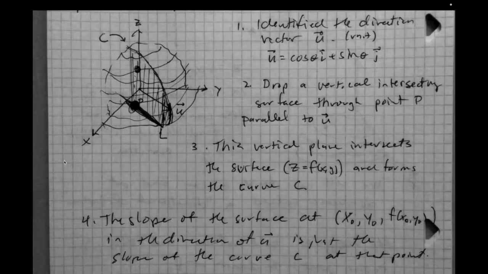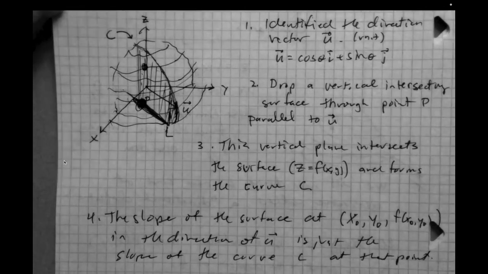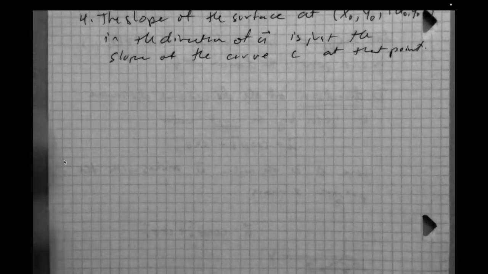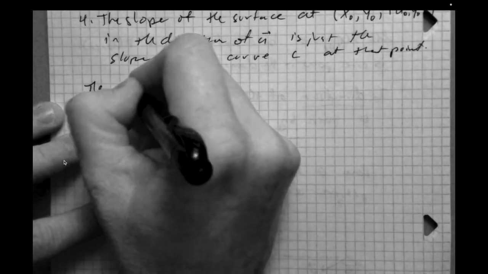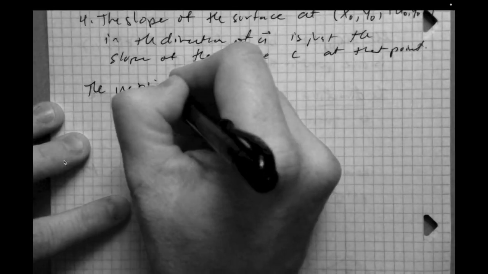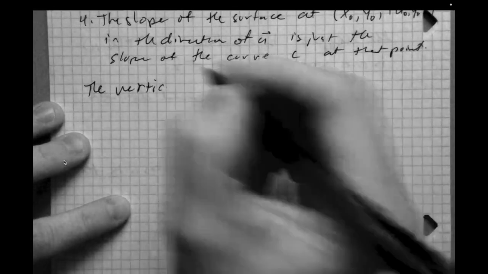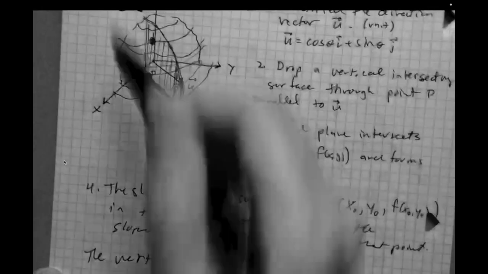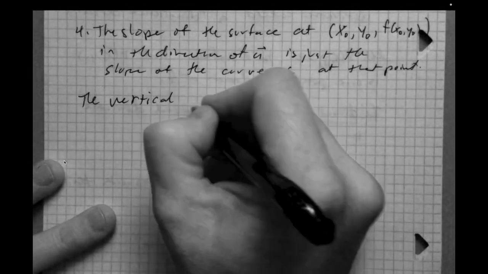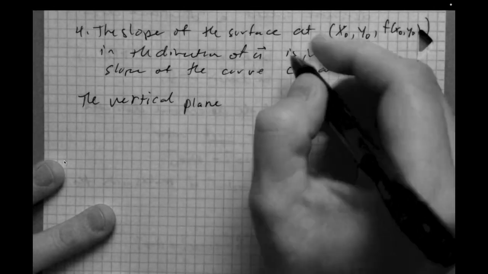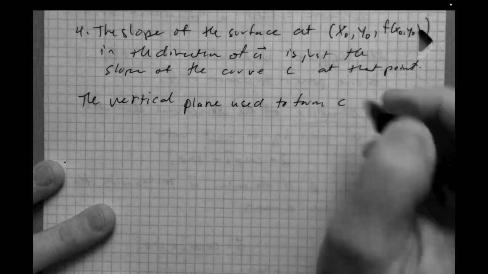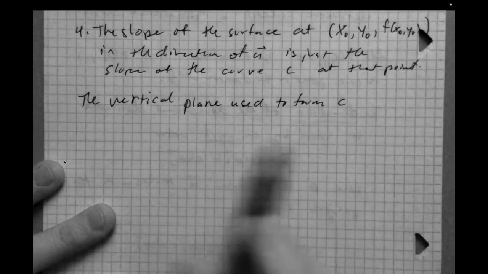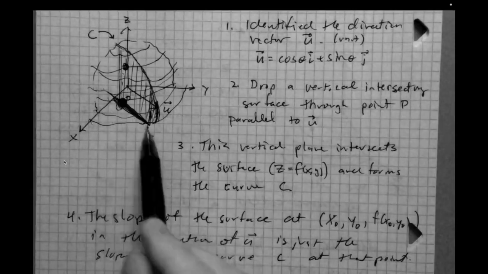Okay, so let's talk a little more about some of the details here. The vertical plane used to form C, remember this slab that we dropped down into the picture here, this slab that's vertical, intersects the xy plane in this line L that we draw here, right?